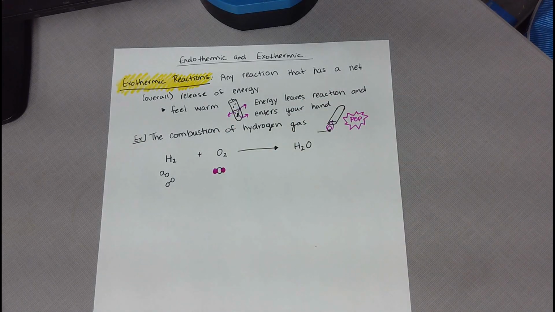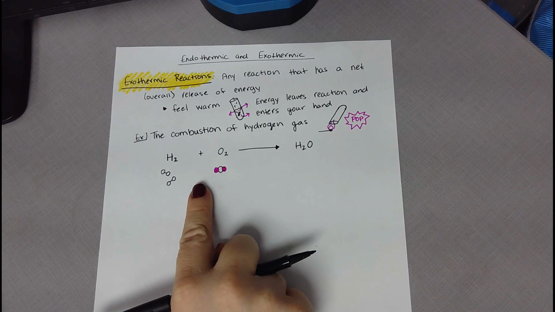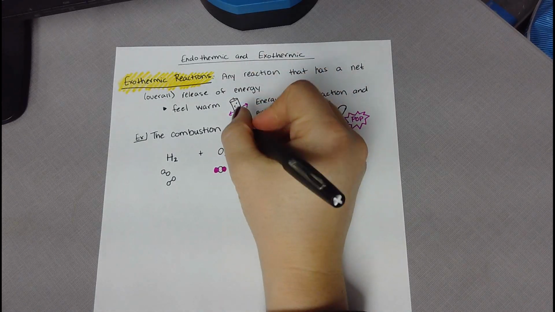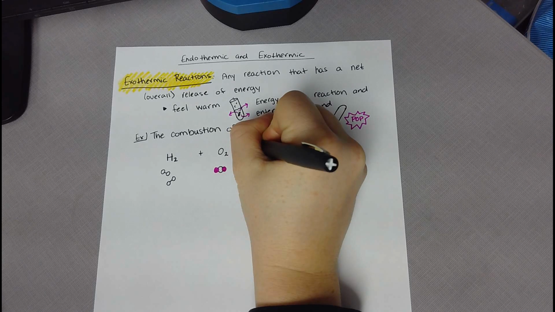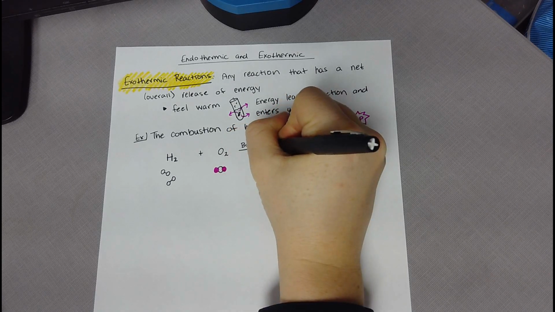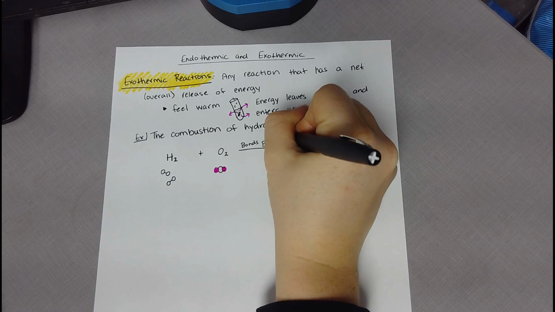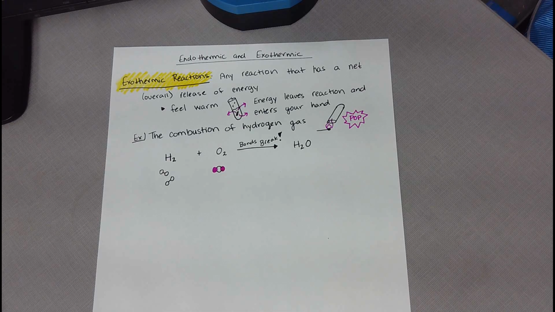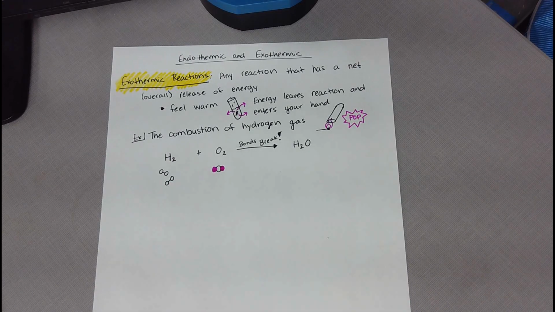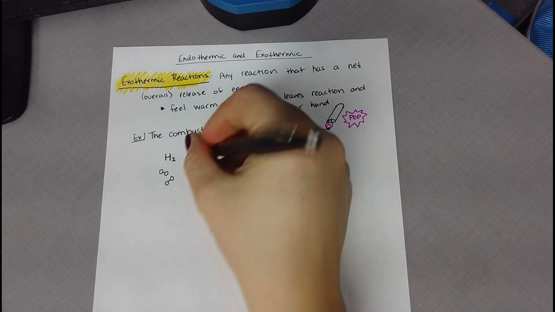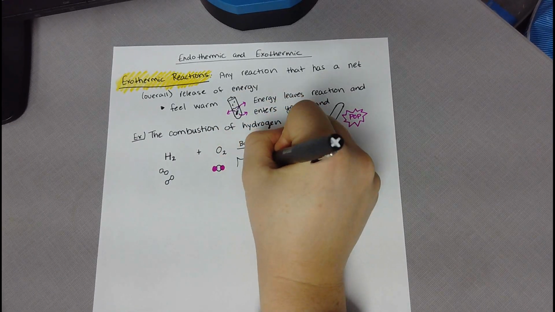And when you light that match and you add that energy, all of those bonds get broken. They get snapped. So instead of organized atoms, we have atomic chaos.